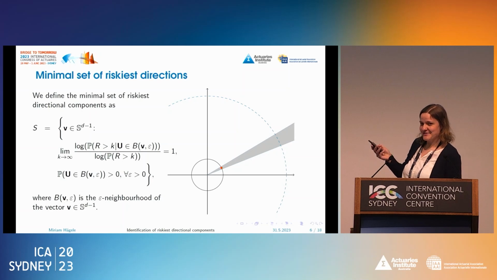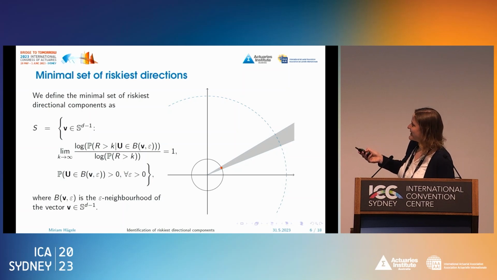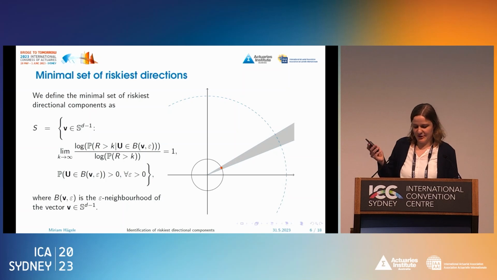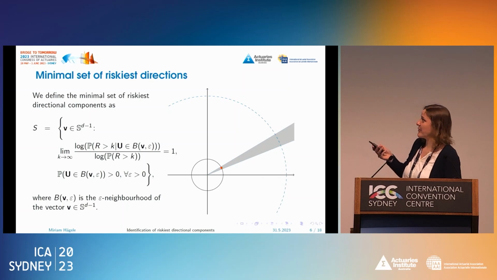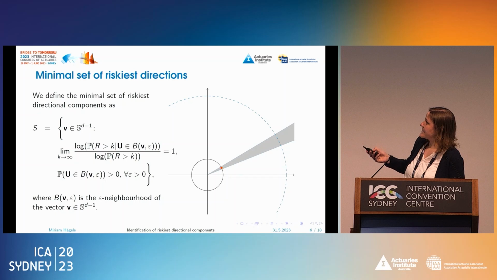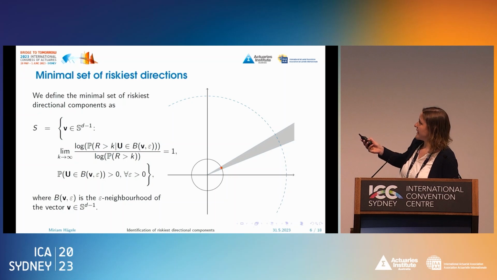If we look at this red dot, this is our v now. In the numerator we compare the probability, it's a conditional probability, so we only look at what is happening in this blue area, and we ask what is the probability that we are very far away from the origin, so that R is large, more than this big circle.